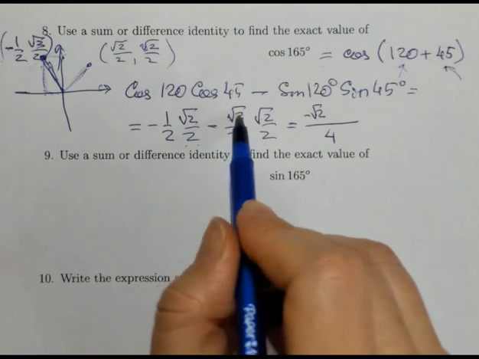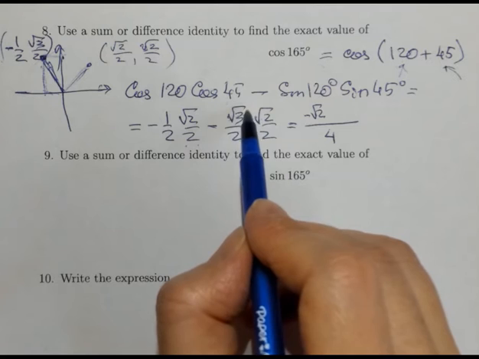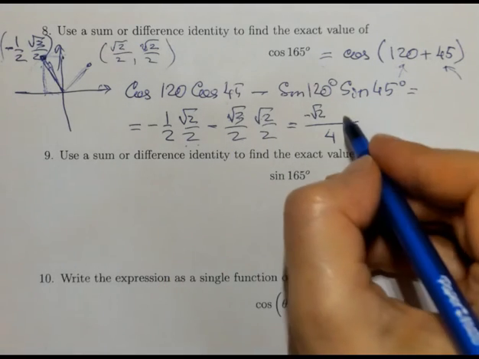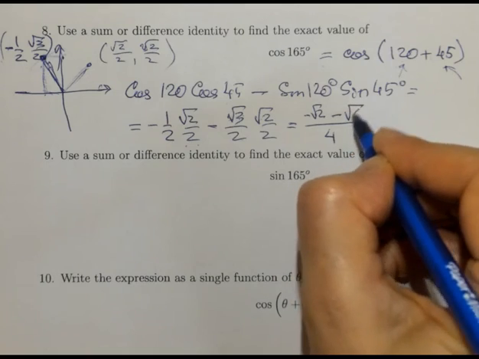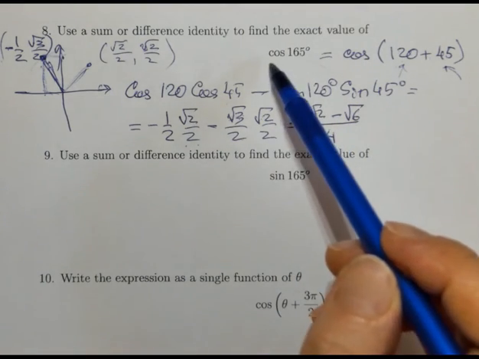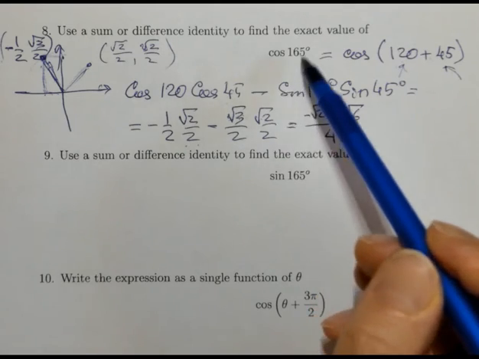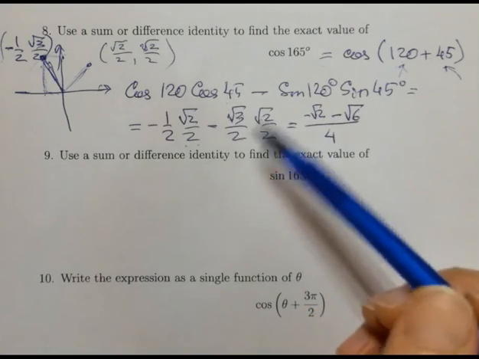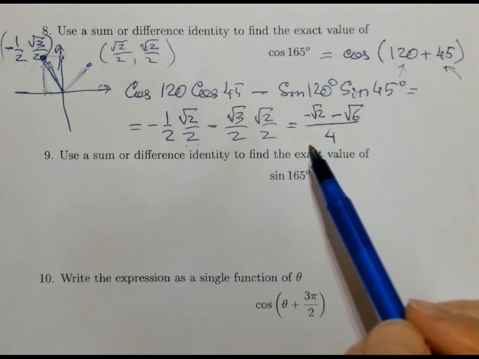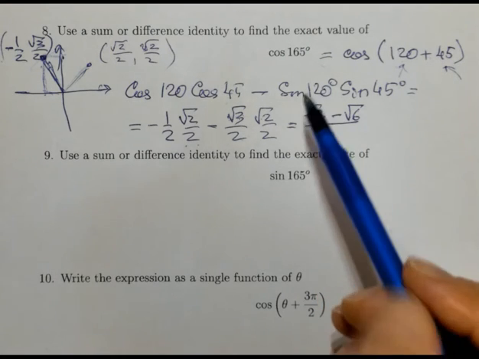We can write this product as square root of 3 times 2, or square root of 6, minus square root of 6. You know that actually you can find this cosine using a different formula, the formula for half angle.